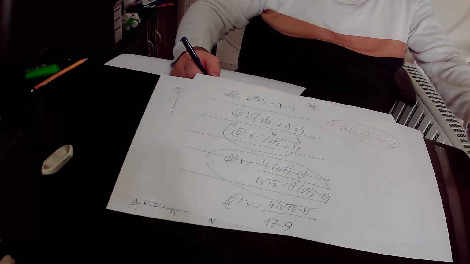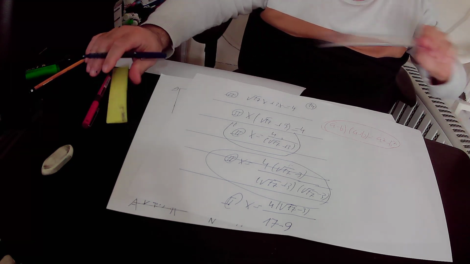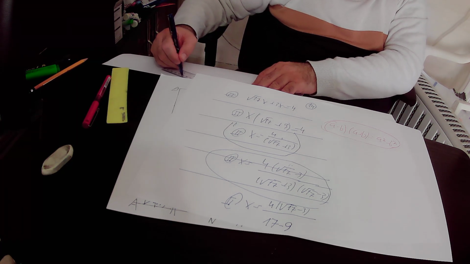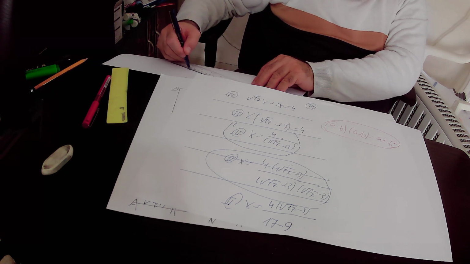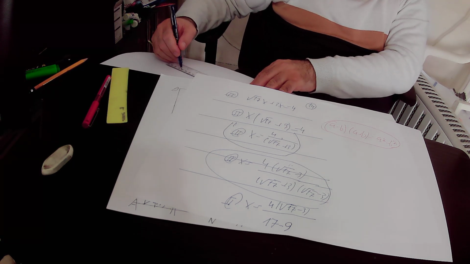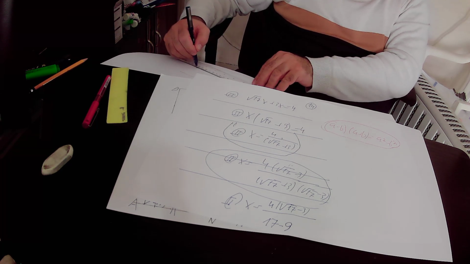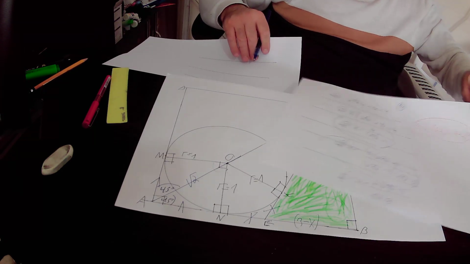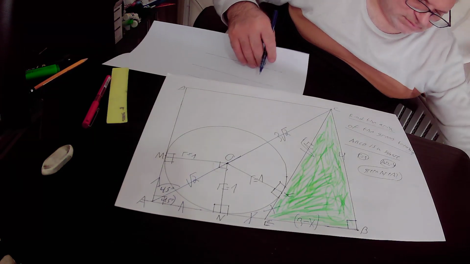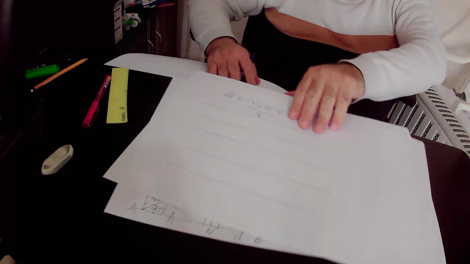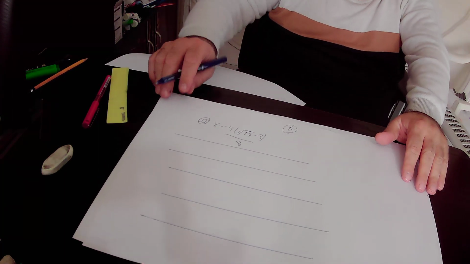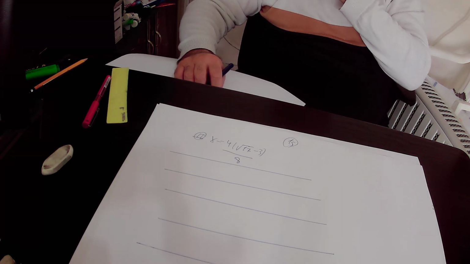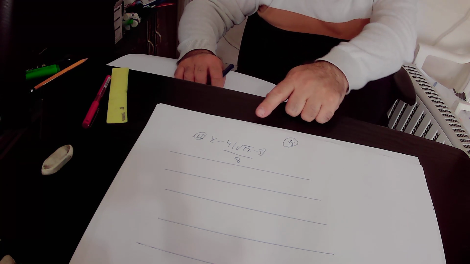So in conclusion, we found out that x equals to 4 times square root of 17 minus 3 over 8.